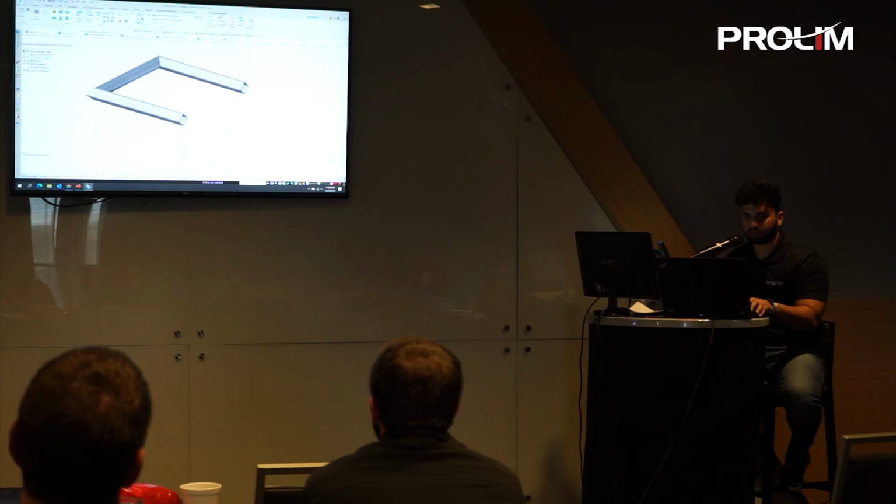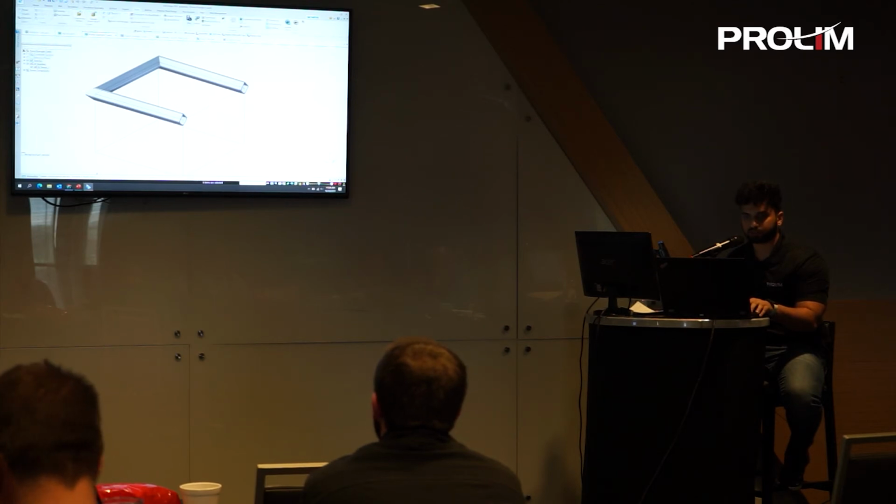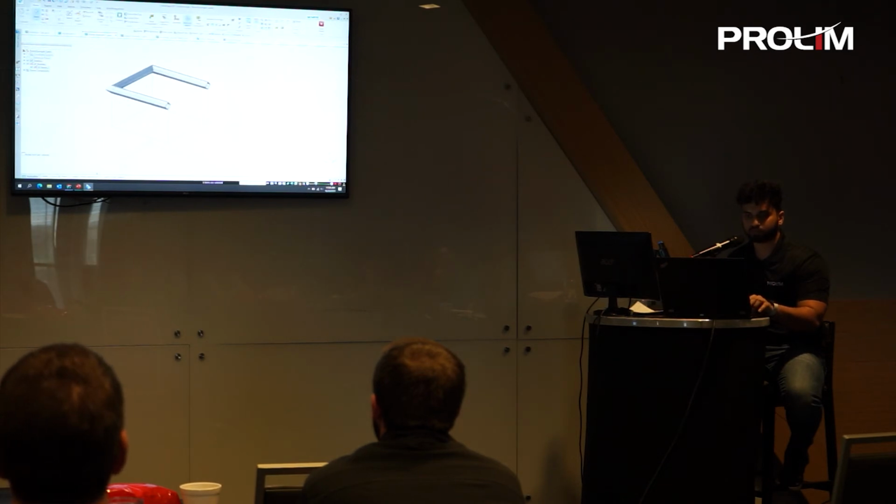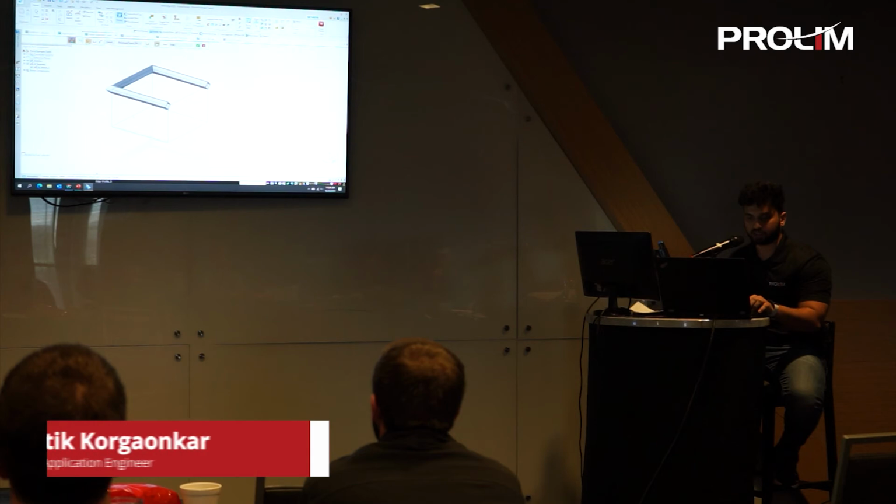This is the first frame example. I'll come into the frame environment and select the frame. I'll just use the default settings for now. I select these three lines right here.